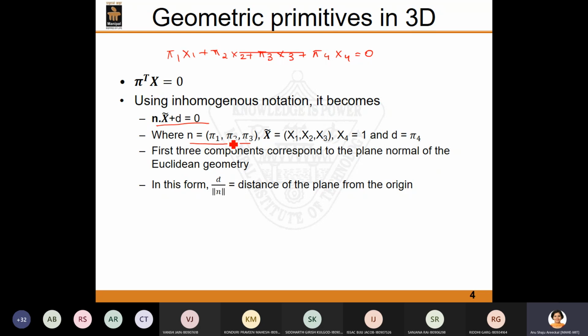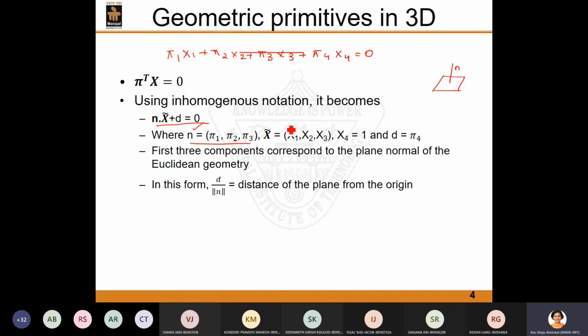When I say pi 1, pi 2, pi 3, what that means is, let's say you're considering a particular plane, and this n is basically the normal to the plane. So when I take the coefficients pi 1, pi 2, pi 3, that gives me the value n, or the normal.